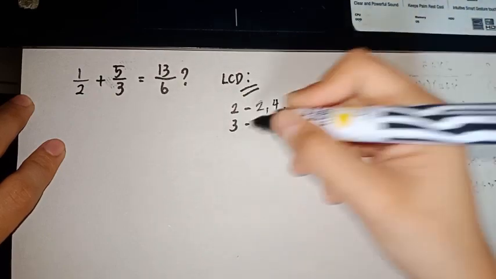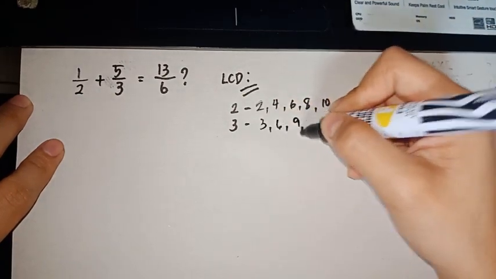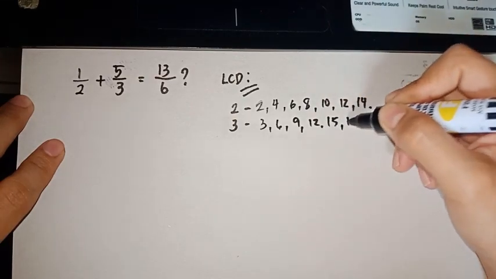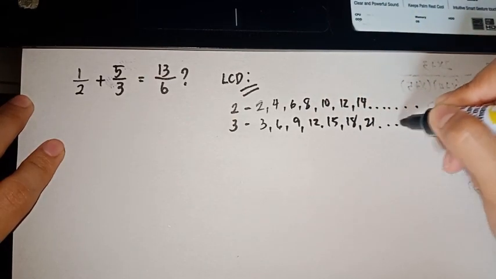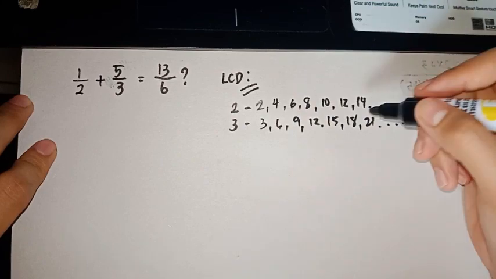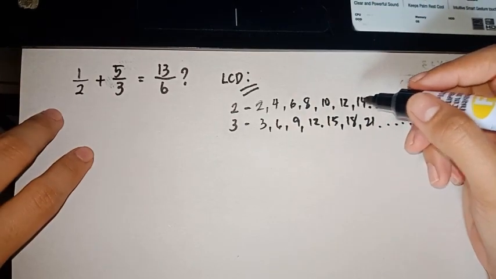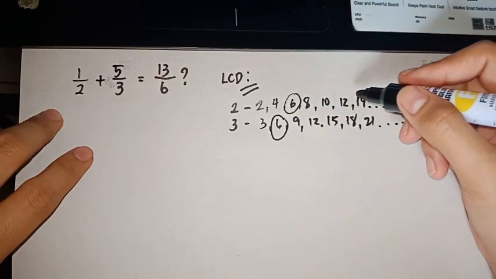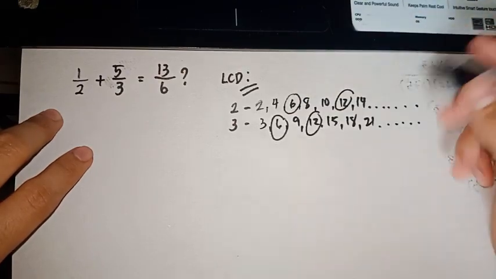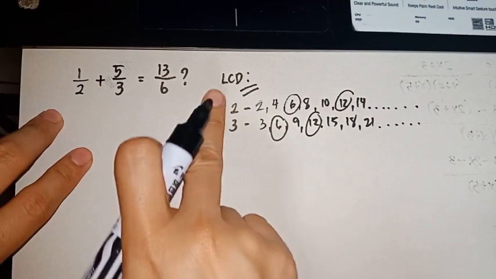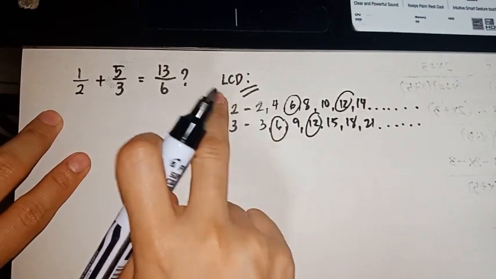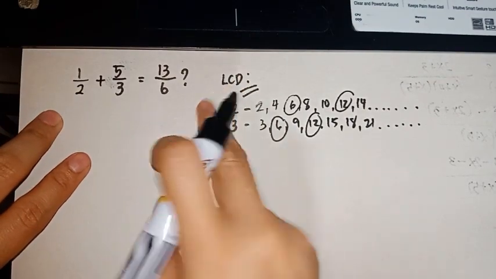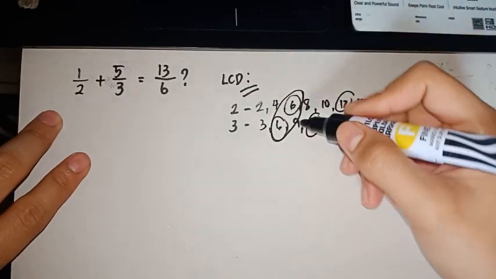For 3, we have 3, 6, 9, 12, 15, 18, 21, and so on. As you can see, the common multiples are 6 and 12. Which among these is our LCD? LCD stands for the least, therefore the LCD is 6.